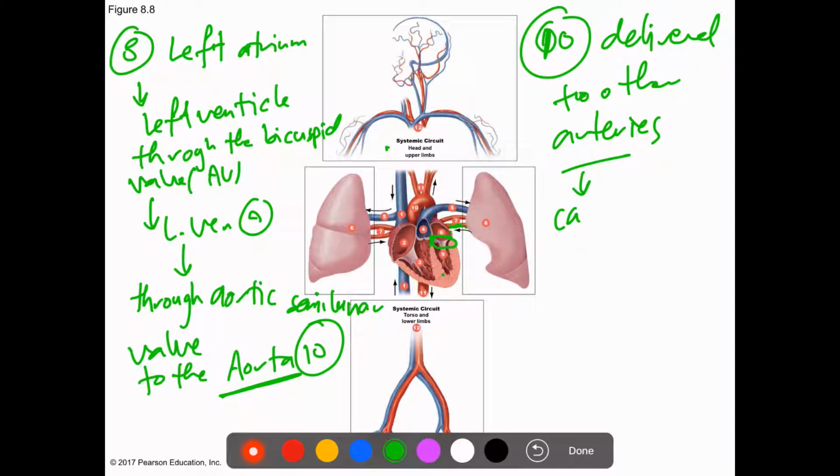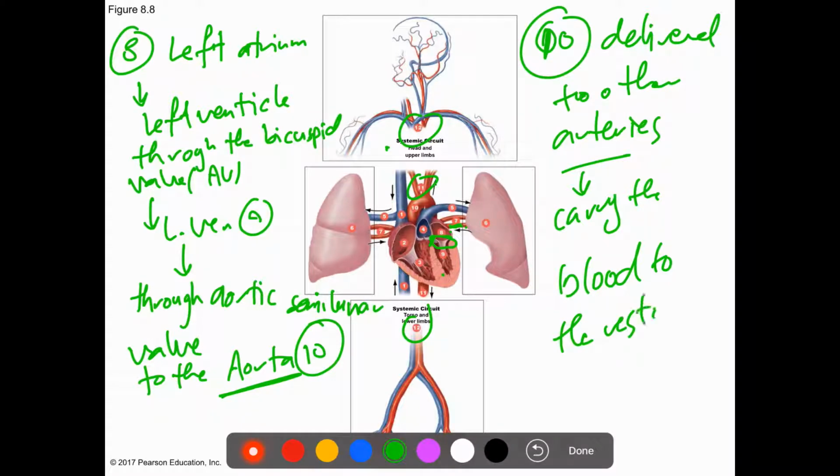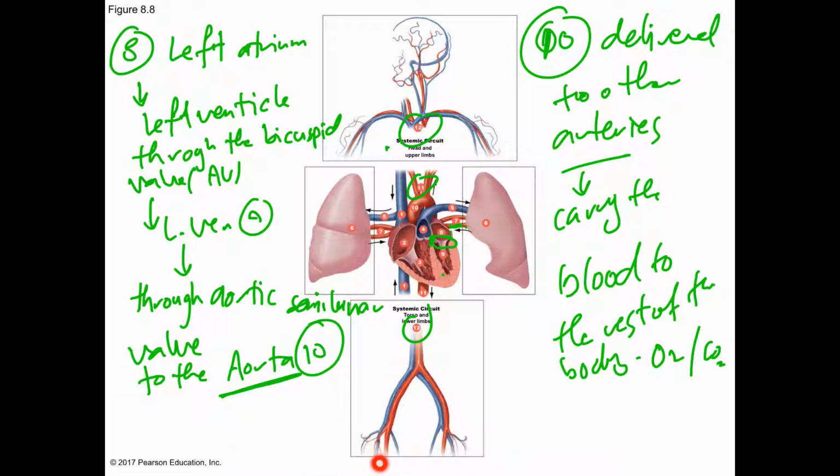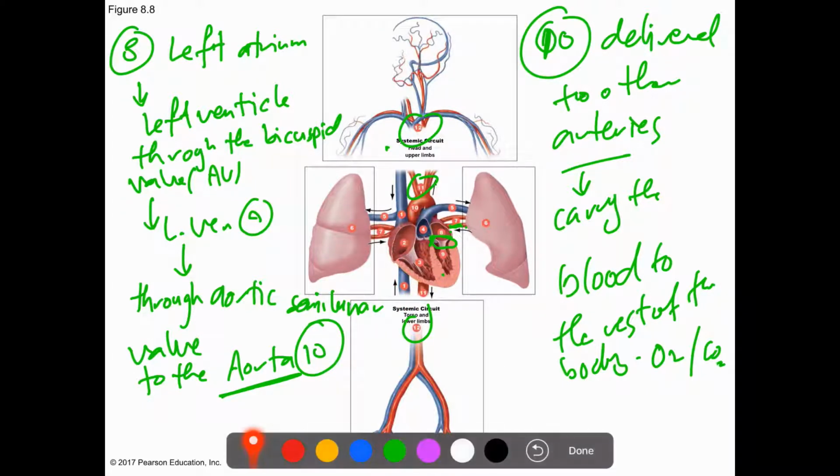We're talking about number 11 here, number 12, which will carry the blood to the rest of the body, to the cells. So cells will pick up oxygen, will dump their CO2, and again we would start collecting that deoxygenated blood through the vena cava and repeat the cycle again.